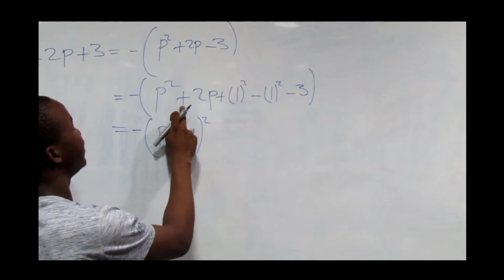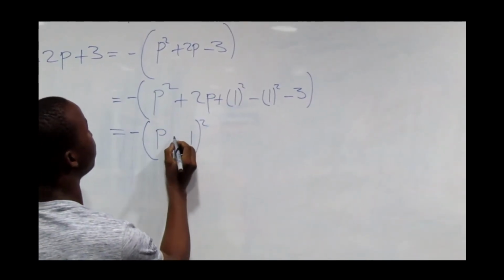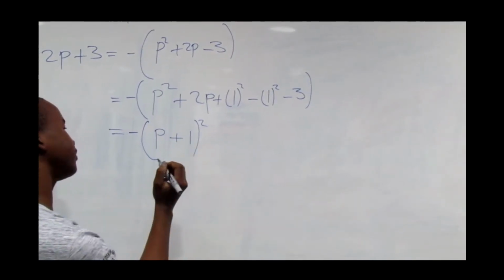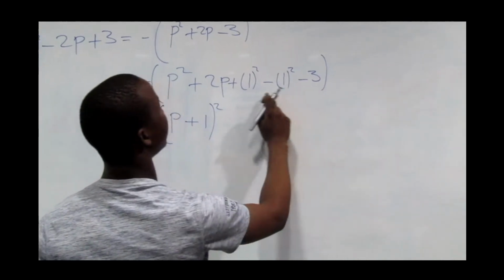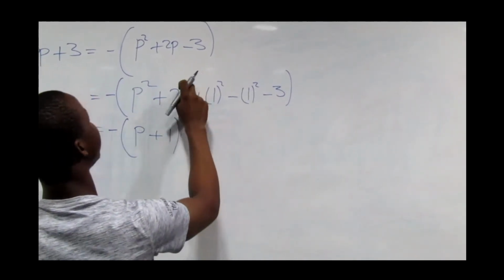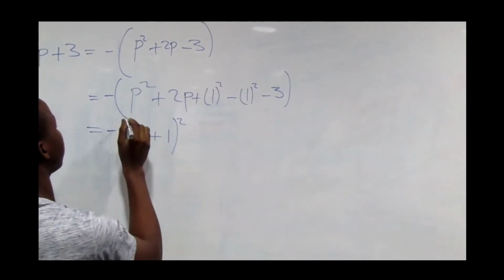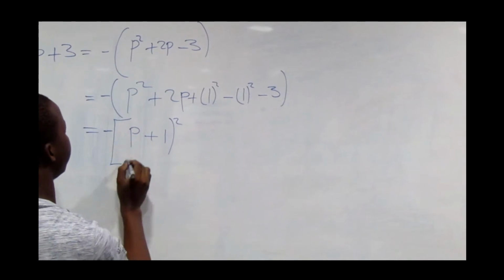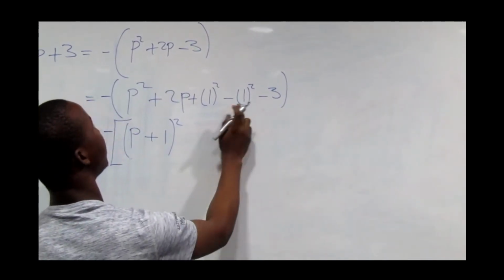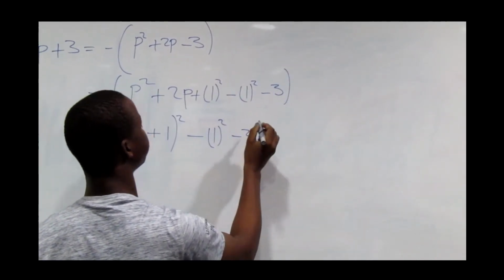If it was negative we put negative, but here it is positive, so we put positive. Then we are left with 1 squared minus 3.